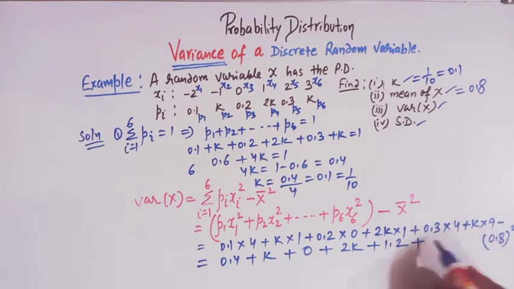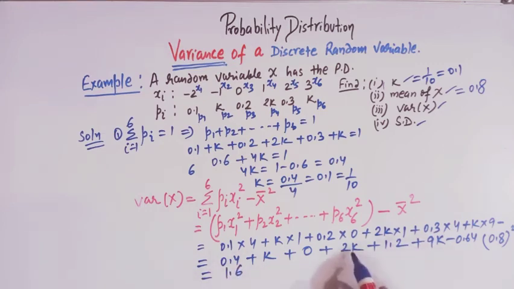Then we have 9k, and here we have 0.64, right? 0.8 square is 0.64. Now 1.2 and 0.4 is 1.6, and this is 9 plus 2 is 11 plus 1, that is 12k minus 0.64, right?